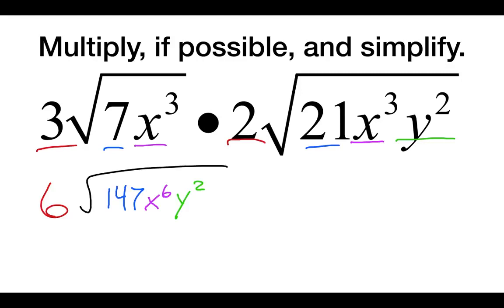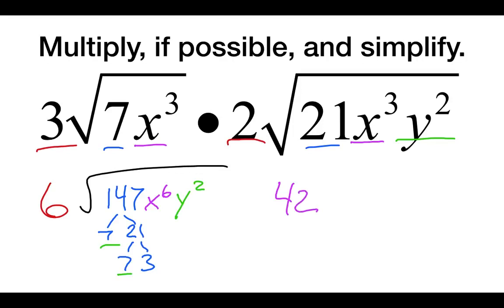And now the square root. So I need to talk about the square root of 147. Now, some of you might recognize that one of the factors of 147 is 49. That would be very few of you. So if you didn't recognize that, that's fine. But I did know that it was 7 times 21, which if I break it down is 7 times 3. There is a pair of 7s there, meaning I can pull that out. 6 times 7 is, in fact, 42.